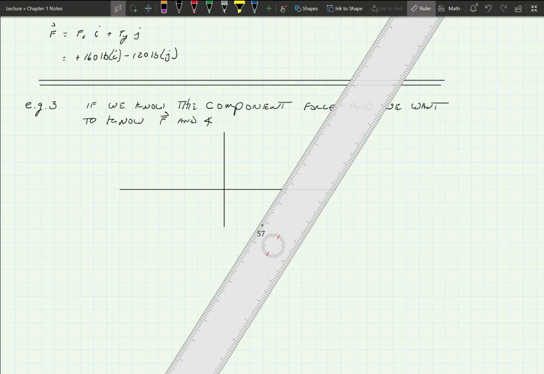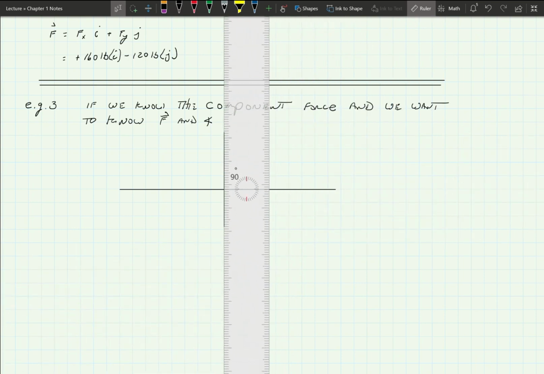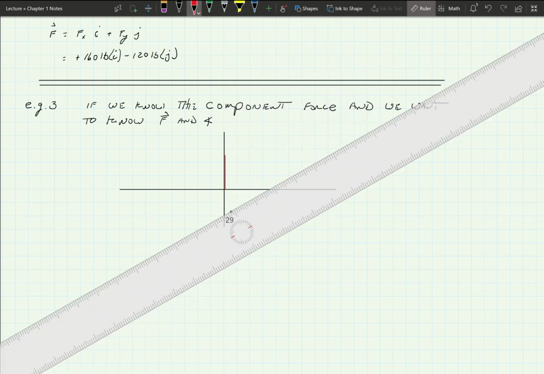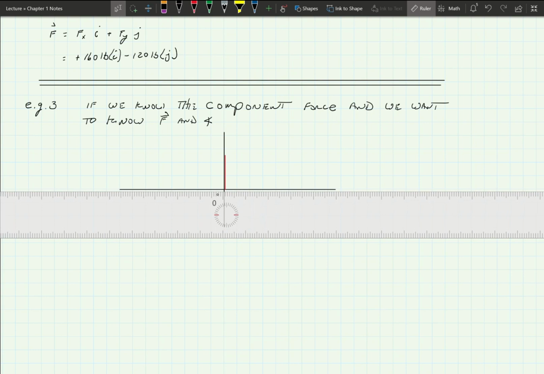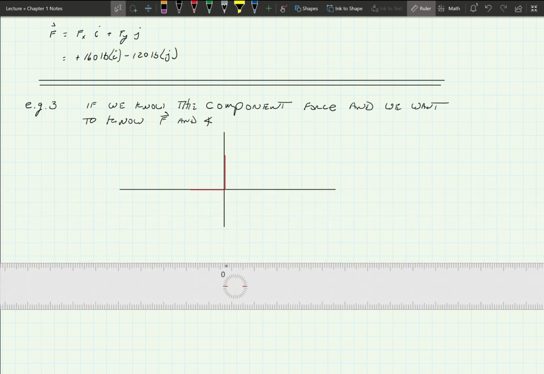All right, and I'm looking for that and this. Okay, and that one is f of y, and that's going to be equal to 300 newtons.